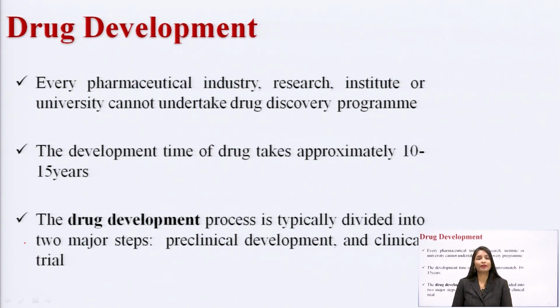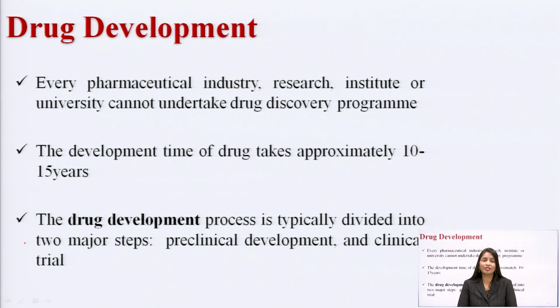And next, the drug discovery process is not simple. If you have to invent a drug, it takes a lot of years, approximately more than 15 years, and you have to spend a lot of time and a lot of money, and you need very skilled persons. We have a lot of industries, research centers, institutes and universities, but not all institutes, universities or pharmaceutical companies can bear to discover a drug, because it is a challenge.